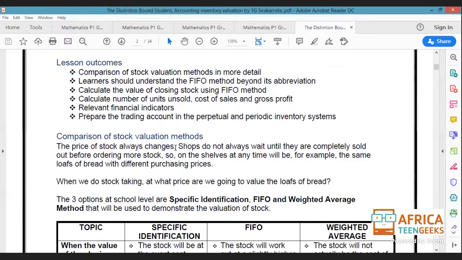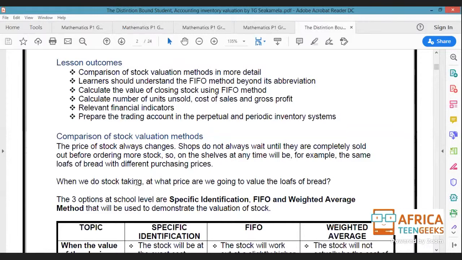As soon as customers are coming to the shop, they'll restock. But the milk that they are stocking will come at different dates. So it's fair to a seller to sell the milk that is expiring first. On the shelves at any time will be, for example, the same loaf of bread with different purchasing prices.